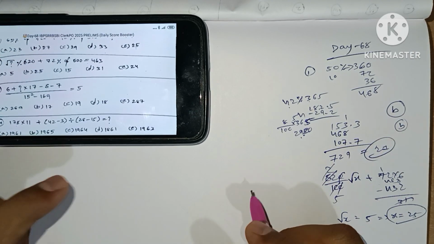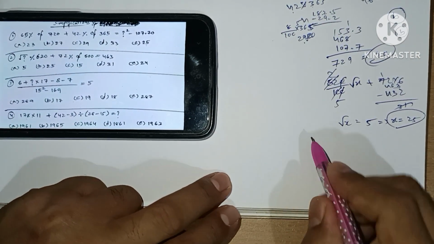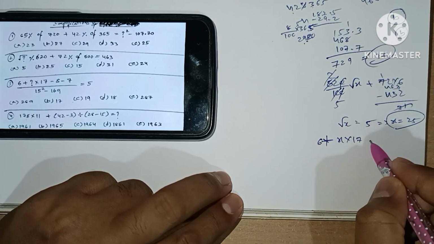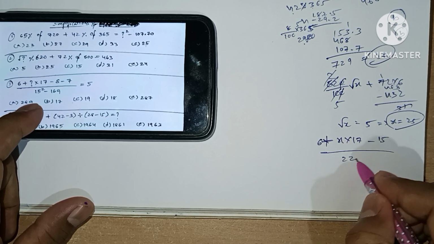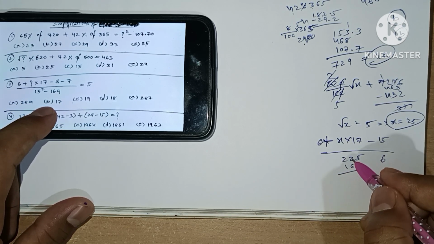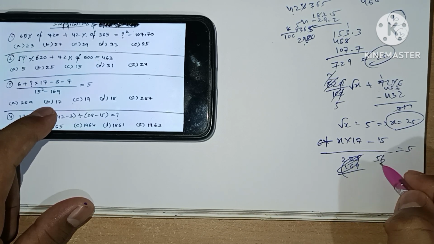Next, third one is 6 plus x into 17 minus 15 divided by 15 square, 225 minus 169, we get 56, equals to 5, 5 6 times 30.